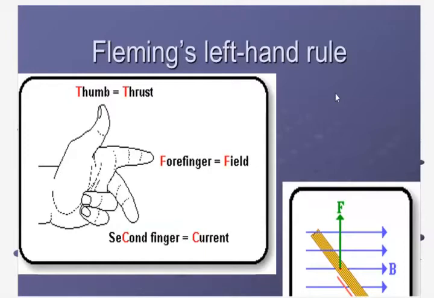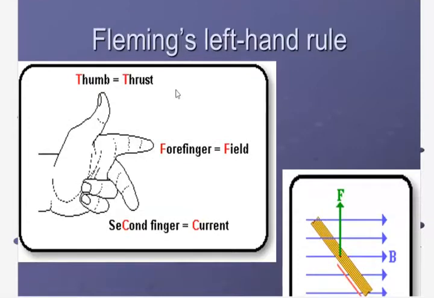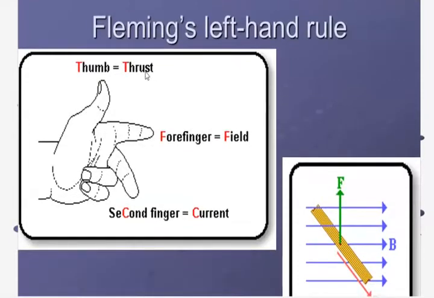If one stretches the forefinger, middle finger, and thumb of the left hand in such a way that the forefinger points in the direction of the magnetic field and the middle finger points in the direction of current, then the thumb will give the direction of force. So here it says thrust, but you must say force.